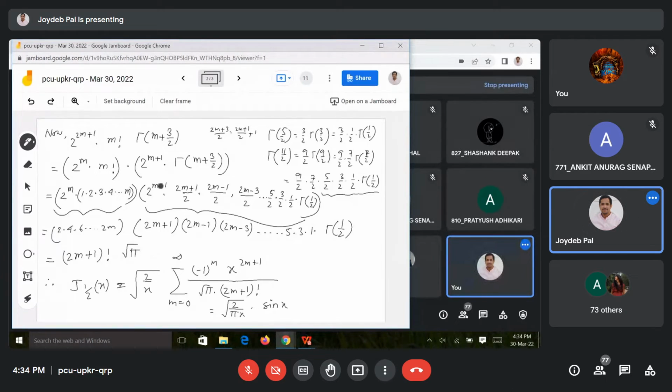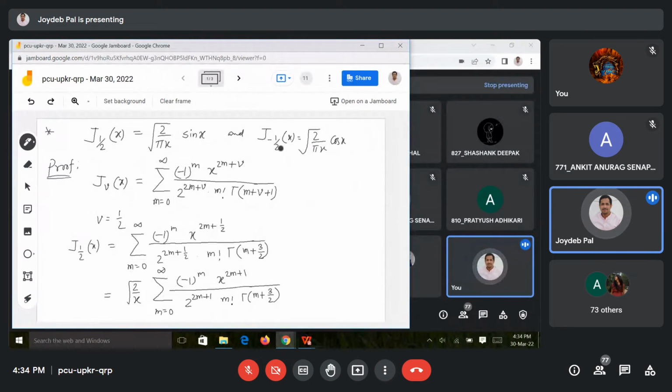Okay. Now, how to get j minus half of x is equal to root under 2 by pi x cos x. Look, actually you can do the similar process for minus half. And also you can do one more thing. Every time you just remember the technique for j half x, and then you do one small trick.